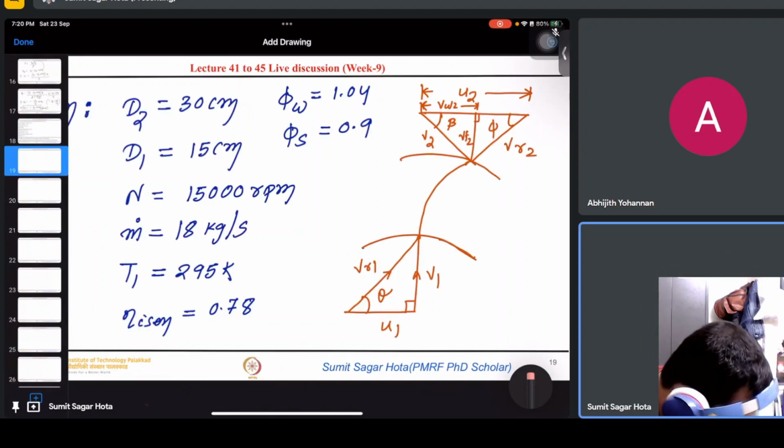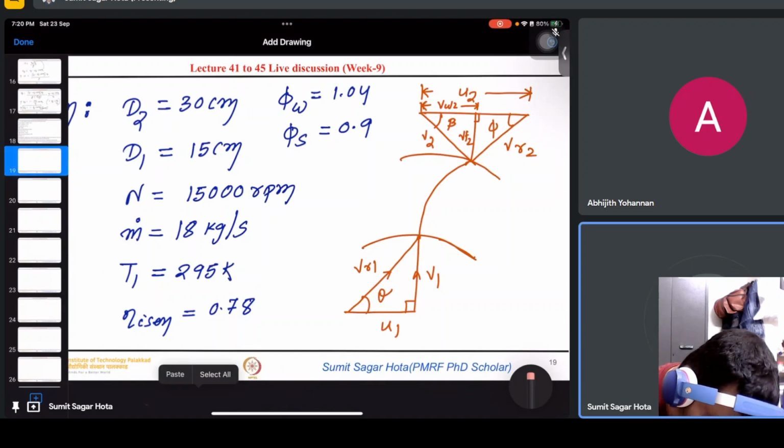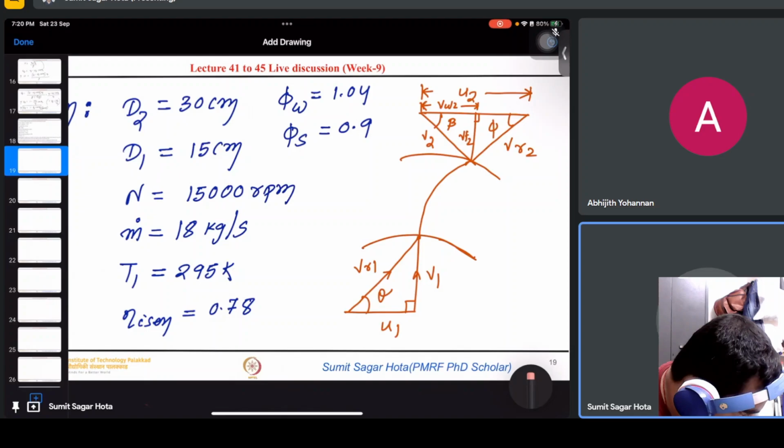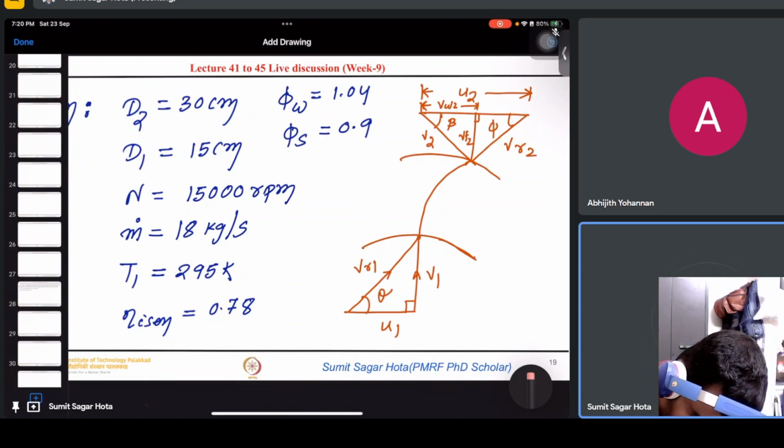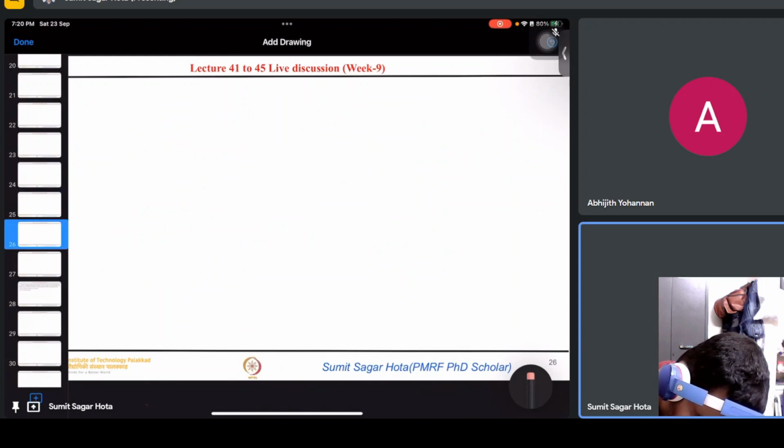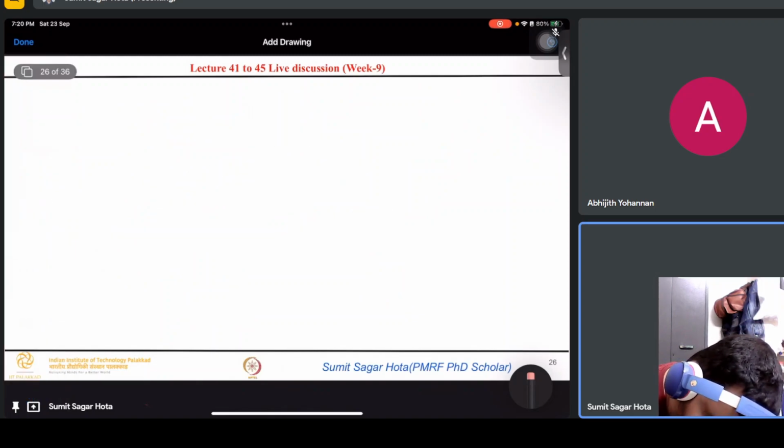The slip factor is the ratio of BW2 and U2. So slip factor phi s is equal to BW2 by U2.